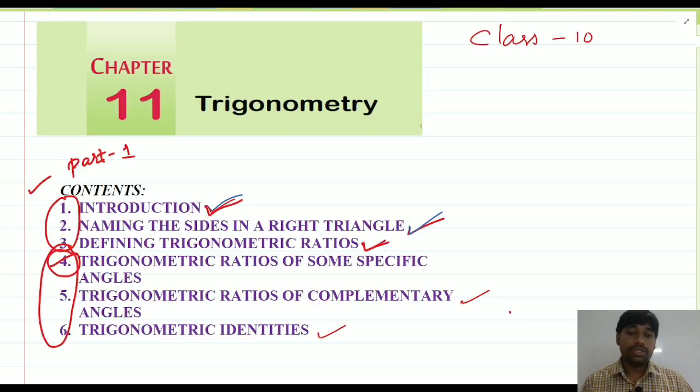I hope you understood the concept. So the trigonometric ratios for some specific angles are completed. Now make your own table as given in your textbook. If they ask you to derive, you can derive it like that.